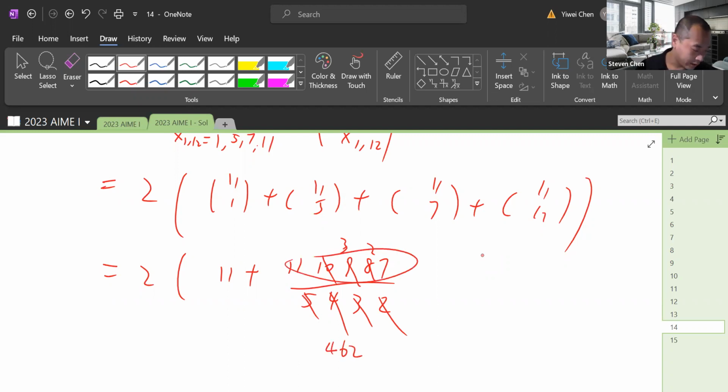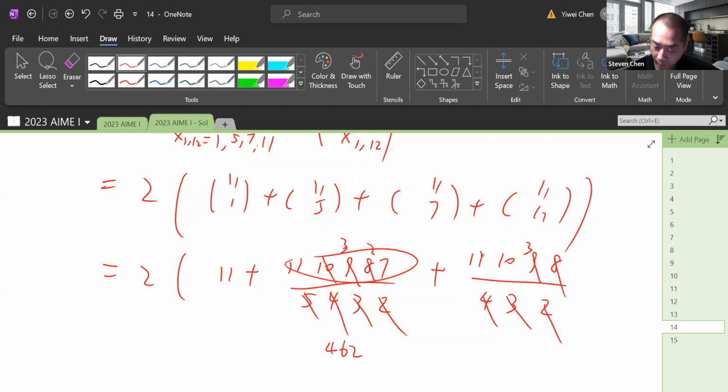The next one is 11 choose 4, so it's equal to this number.